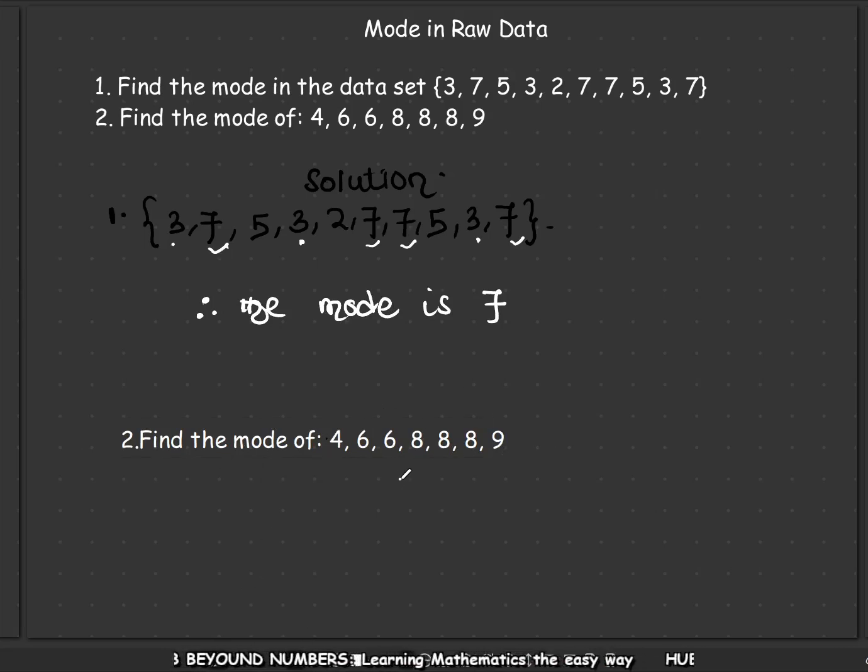You can try and let me know in the comment section what the mode is going to be. Remember, we have unimodal and bimodal. Bimodal simply means the mode being 2 elements, and unimodal simply means the mode being one element. So that is it for raw data.